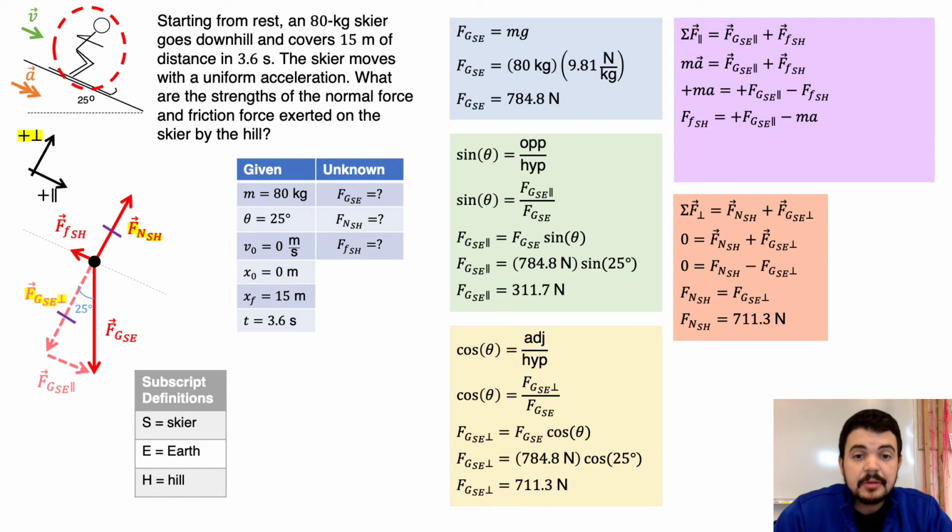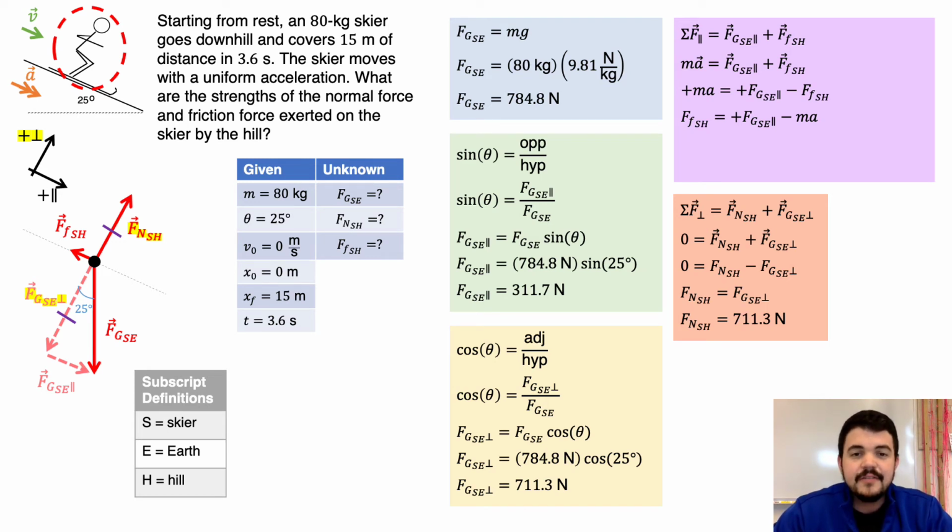Adding that perpendicular component of the gravitational force over to the other side of the equation, we can see what we indicated on our diagram, that the normal force on the skier by the hill must be equal to the gravitational force on the skier by the Earth's perpendicular component. And we know that perpendicular component of the gravitational force is 711.3 newtons, as we found in the yellow box, and so the normal force must also be 711.3 newtons. And there we go.